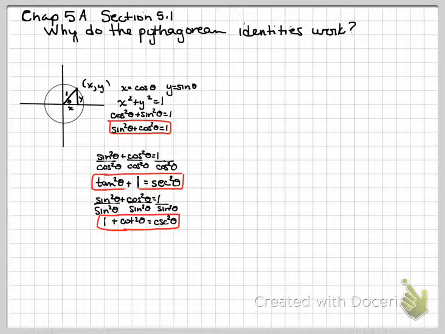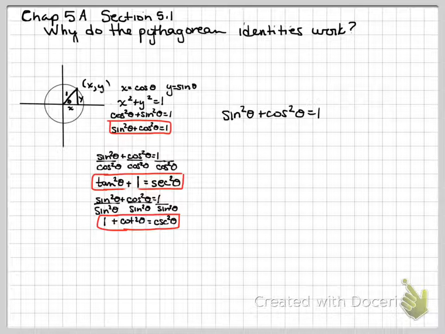Now, one other thing I want to talk about is I'm going to go back to my original identity, just to make you aware of a few things from it. So if I have sine squared theta plus cosine squared theta equals 1, what I want to be able to also look for is getting one of these by itself.